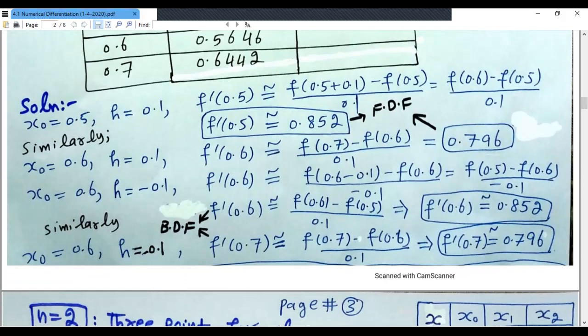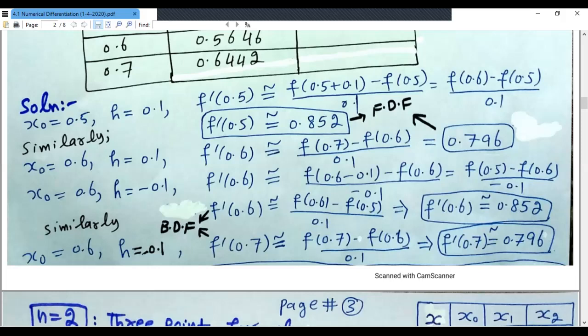If x naught equal to 0.6 and h is negative, now again putting the values, f dash of x naught approximately equal to f of x naught plus h, where h is minus 0.1, minus f of x naught, which is 0.6, divided by h, which is minus 0.1.